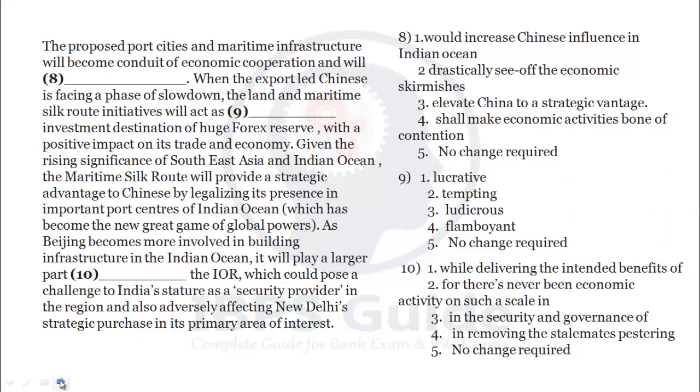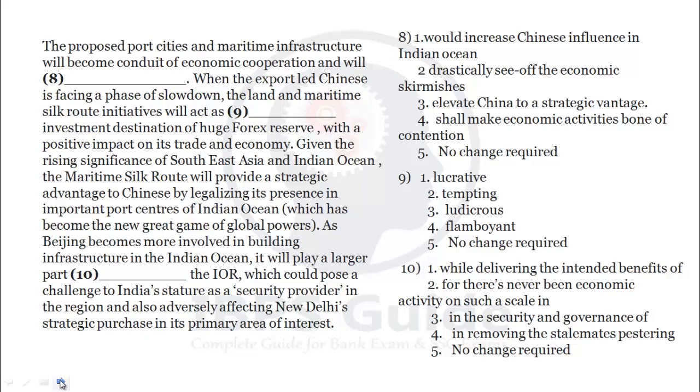The proposed port cities and maritime infrastructure will become conduit of economic cooperation and will dash. Options: would increase Chinese influence in Indian Ocean, drastically see off the economic skirmishes, elevate China to the strategic vantage, shall make economic activities bone of contention, and no change required.